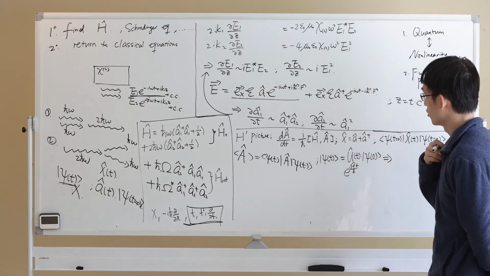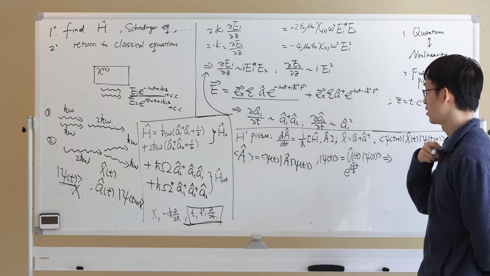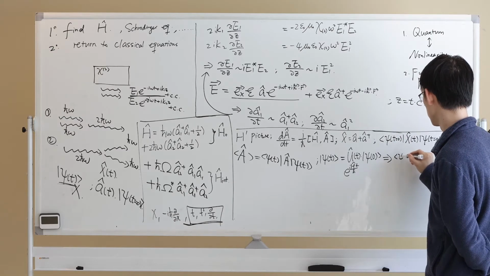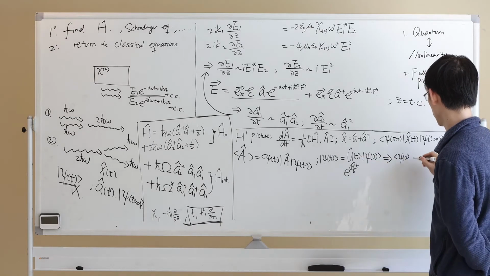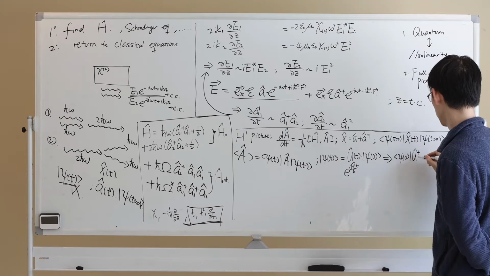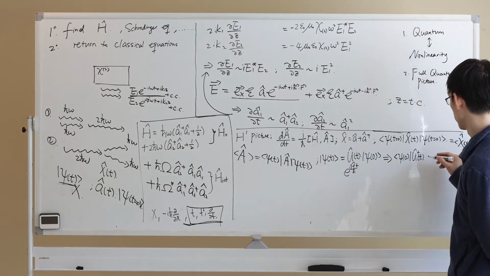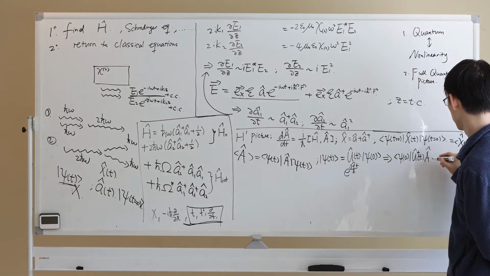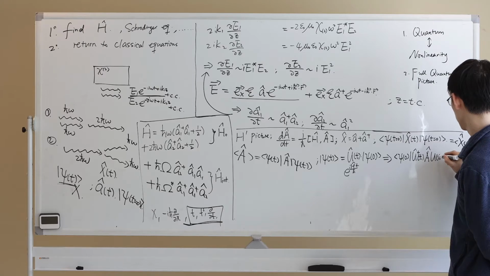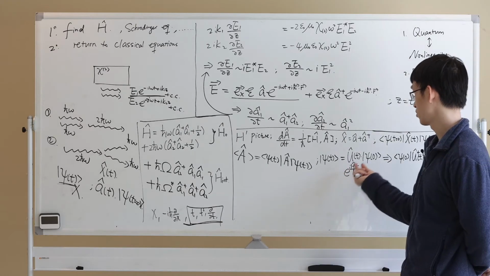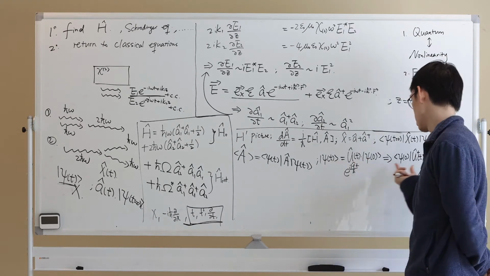If you accept that, then your A can also be written as psi 0, U dagger, because your left bracket is the conjugate transpose, and then A, and then U T. You can simply express this and plug it in.